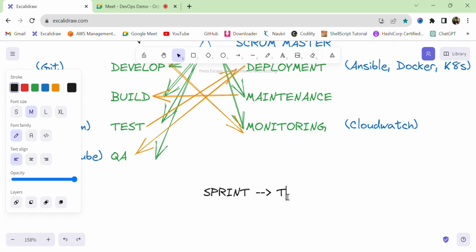So a sprint is just a time period of around 2 to 4 weeks. It can be 2 weeks in some companies, or 4 weeks in some companies. So a sprint is the amount of time in which the deployment is happening. Generally deployment happens in one sprint or two sprints.